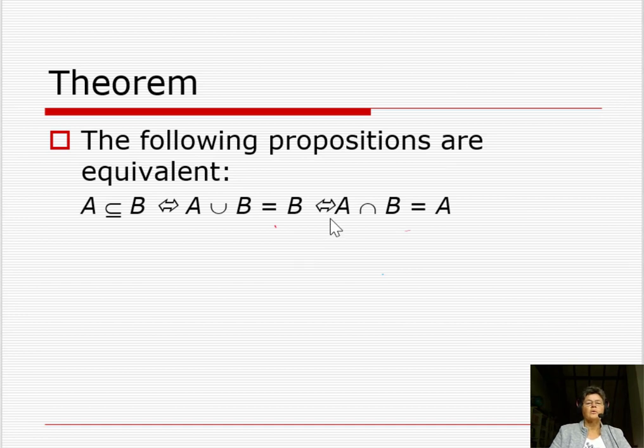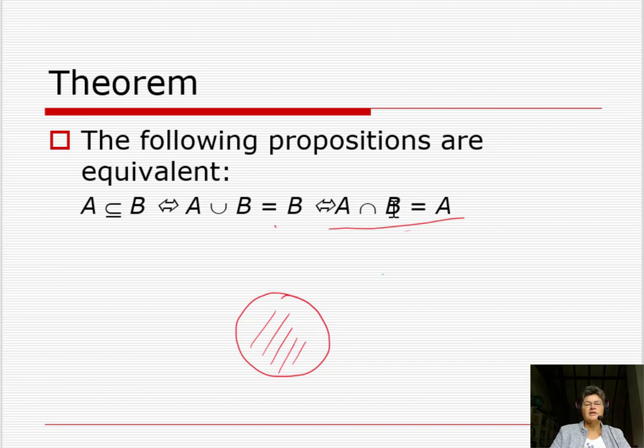If we know that the intersection of A and B is A, so we start on the right, then that means that this part is contained inside B. So definitely I have to draw B around A, because the intersection is the smallest one.